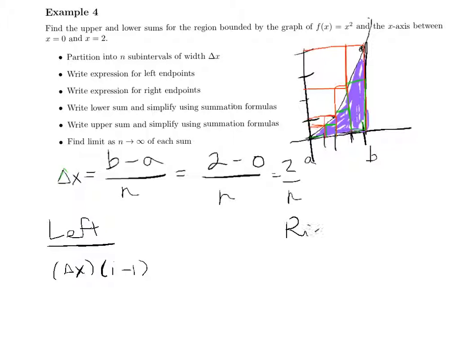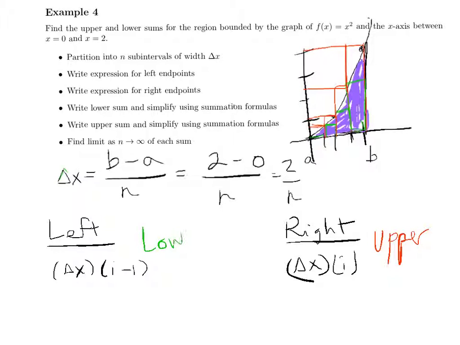And our right endpoints are always delta x times i. Okay, and now we know that's always left and right, but that doesn't necessarily tell us which one's upper, which one's lower. Again, in our case, right is upper, and left just happens to be lower, because it's an increasing function.